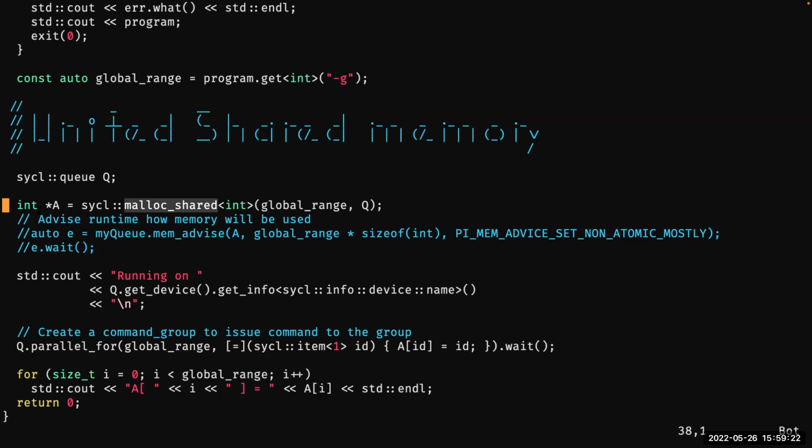It doesn't return an event, it returns a pointer. So it is blocking, you allocate your thing, it is allocated. Then you create a parallel for, and you don't need to do anything except synchronizing, because if you don't synchronize, this thing will be garbage. And that's it. So terser, less code.